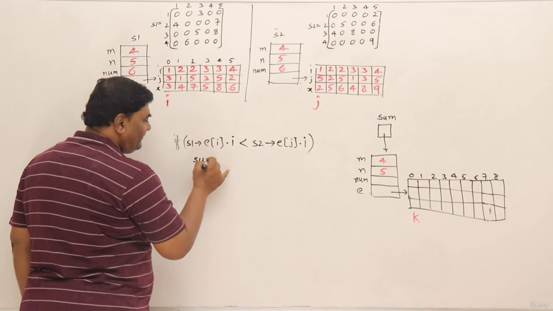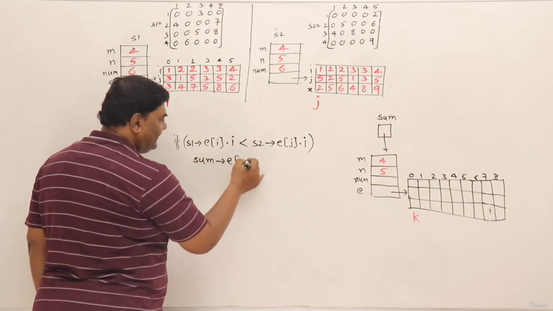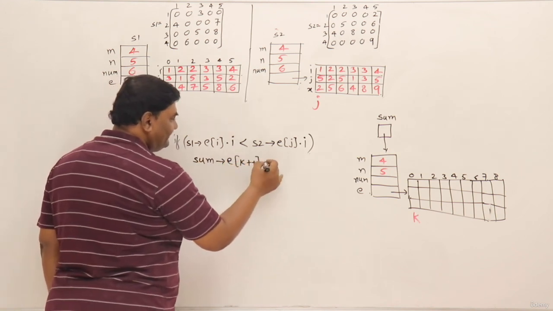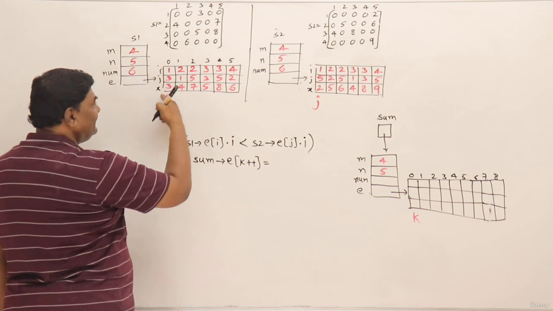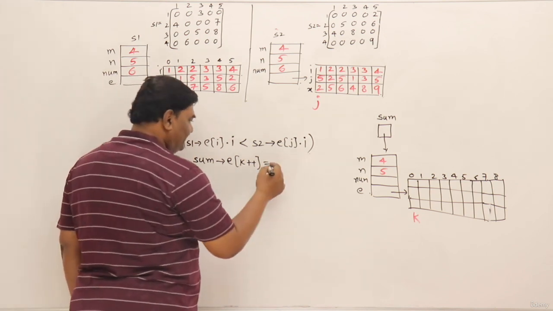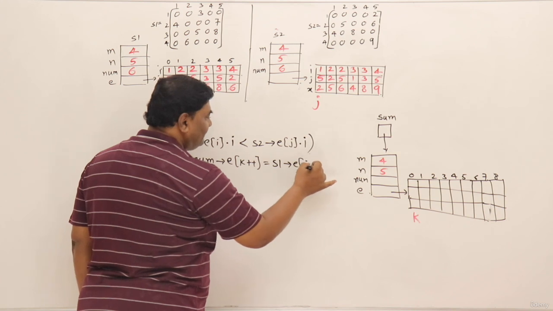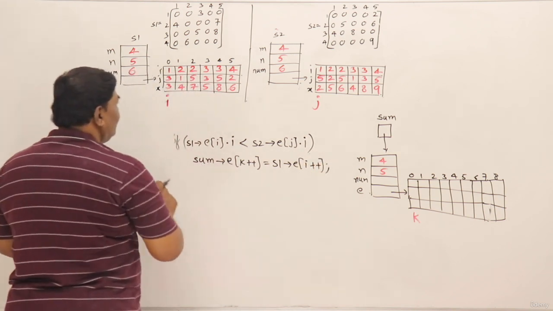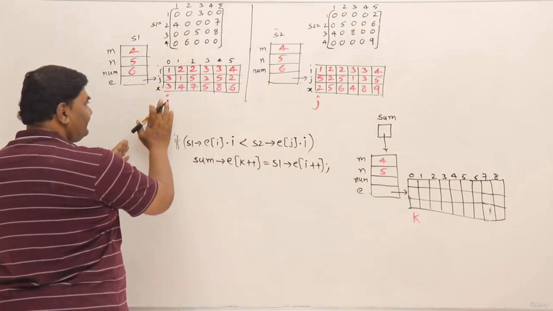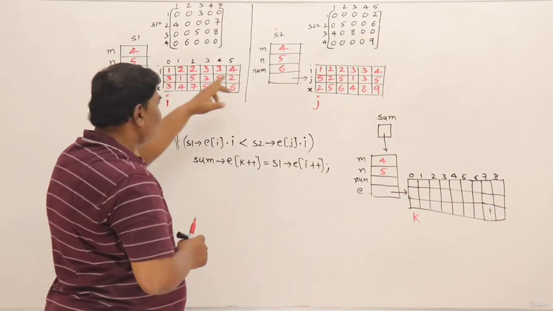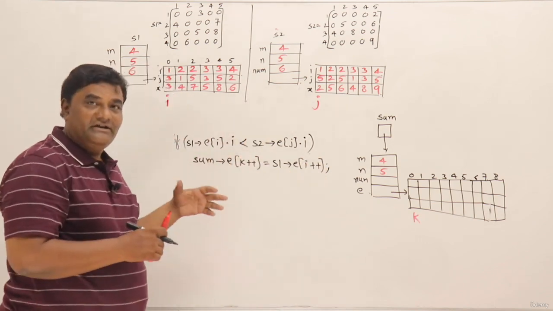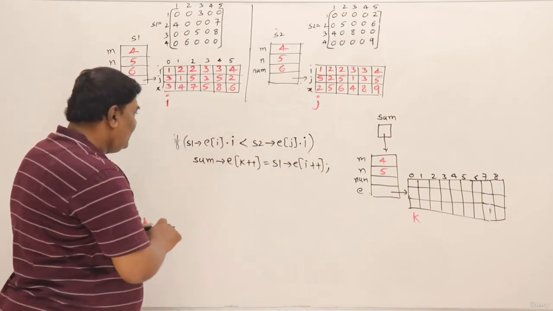So sum's E of k plus plus is assigned this element. All these three things can be copied directly. S1's E of i plus plus. So if this is small, copy this one. But in our example, they are equal. So if it is small, copy that one.